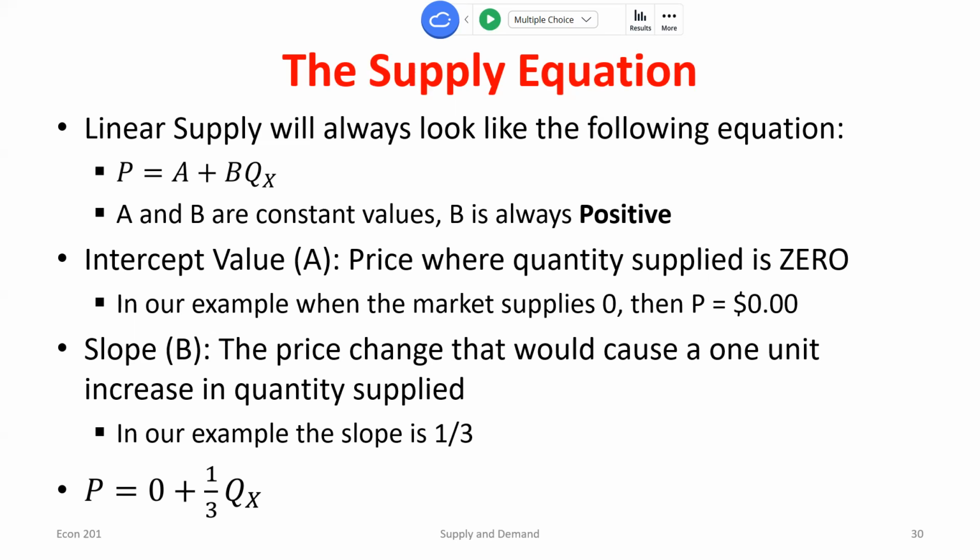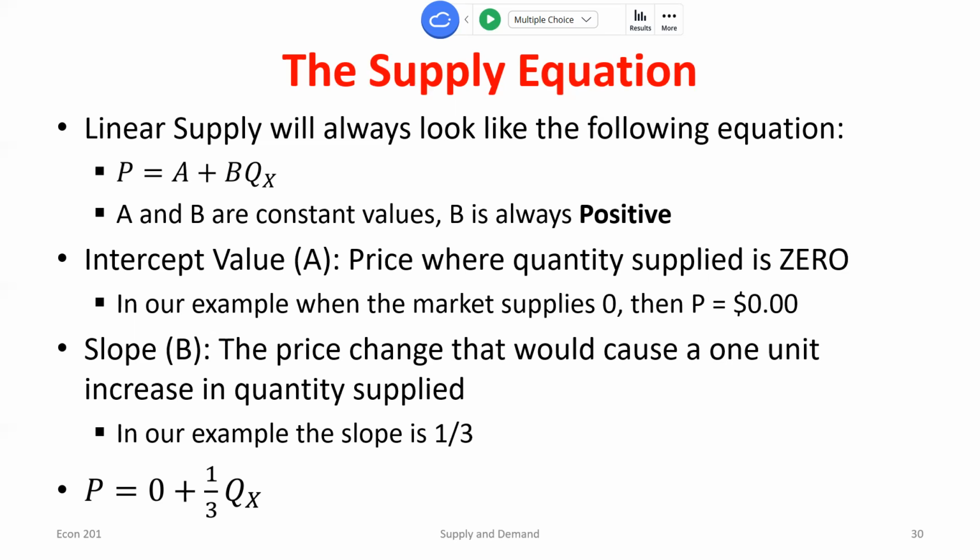So if I wanted to know the marginal cost of the 10th unit, I would plug 10 in here, and the corresponding price would be whatever the marginal cost of that unit is. Someone is only willing to supply that 10th unit if the price gets up to their marginal cost.